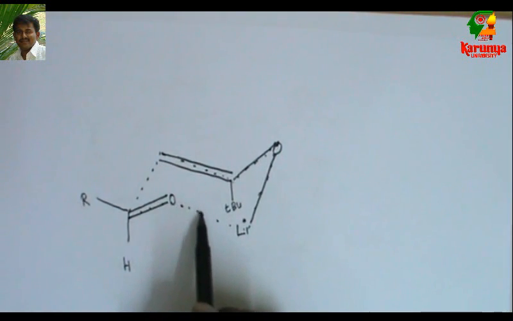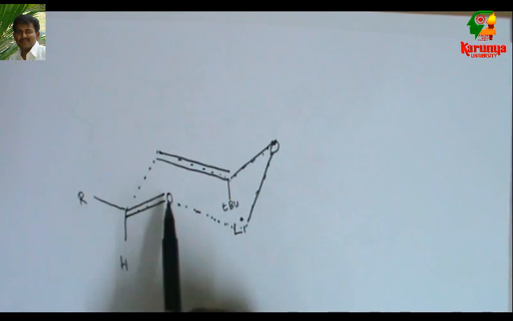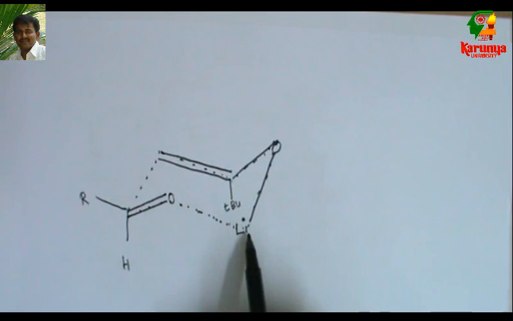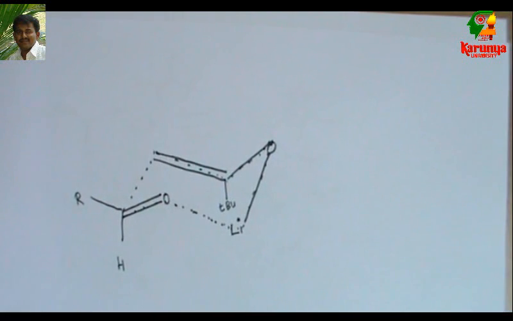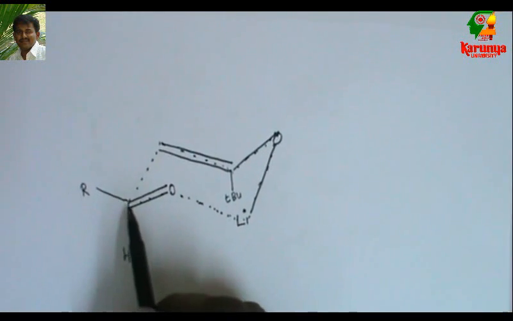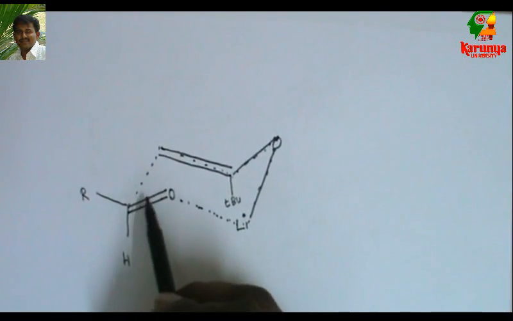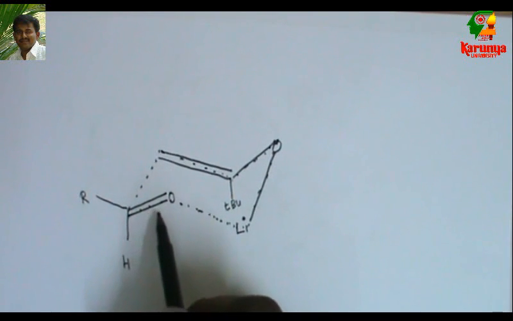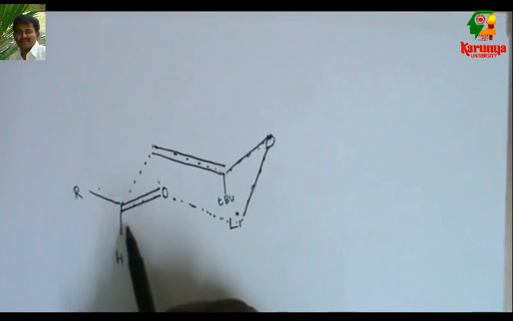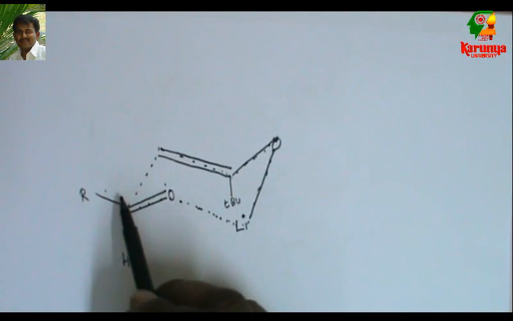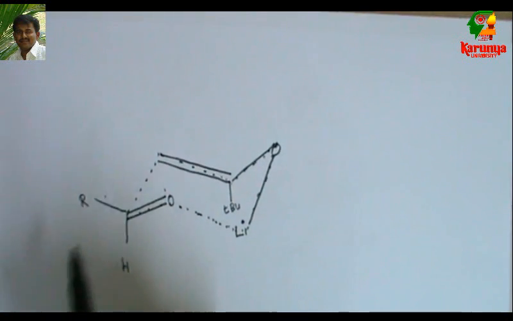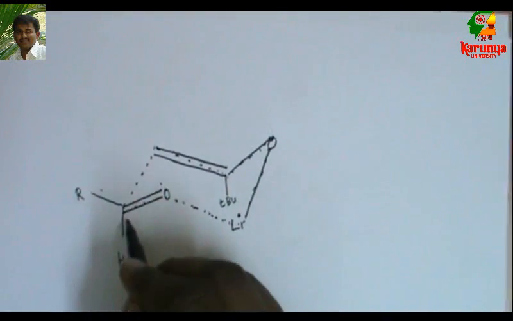So there is an interaction between this oxygen and lithium, and a new bond is formed. Now you can see the face that is attacked in the aldehyde is 1, 2, 3. So if you view from here it will be S, but if you view from the back side it will be R.